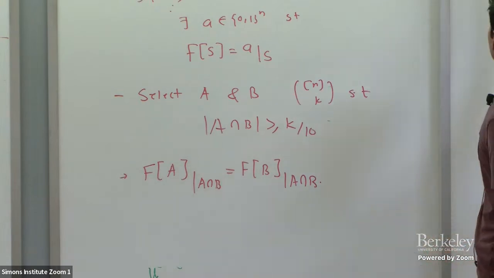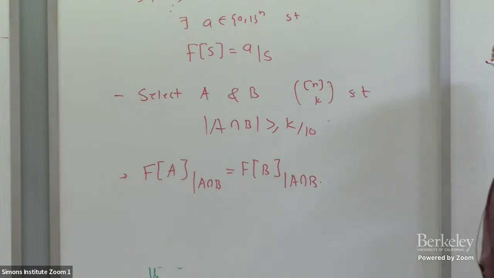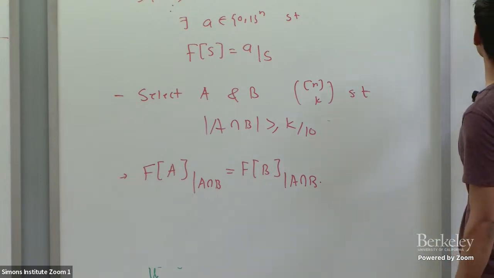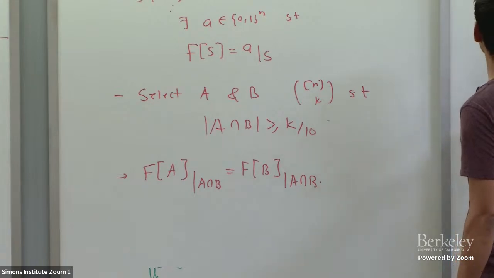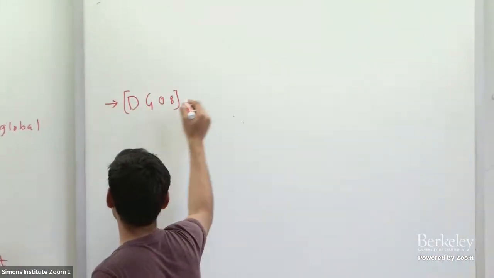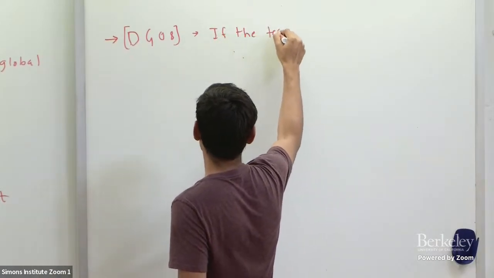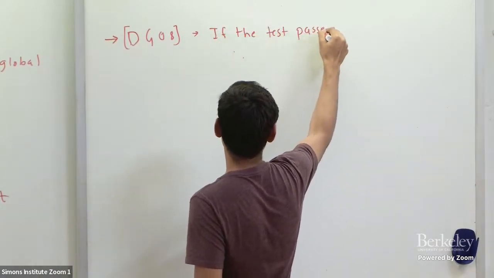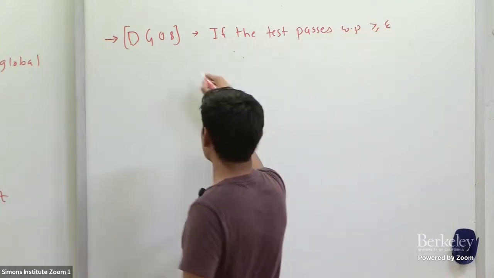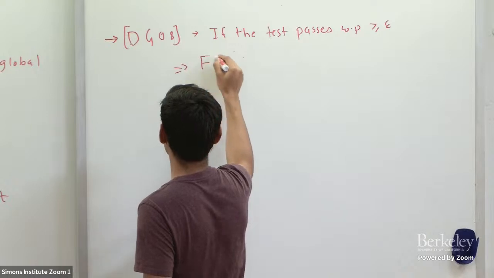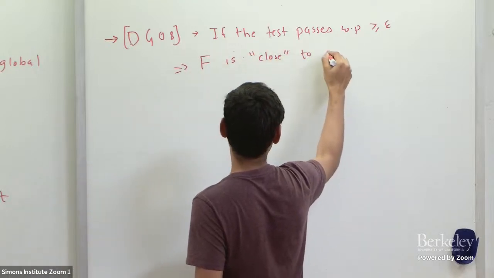The known, at least comparable, results: there's a result by Dinur and Goldenberg from 2008 which says that if the test passes with probability at least epsilon, then F is close to a direct product, to a global function.